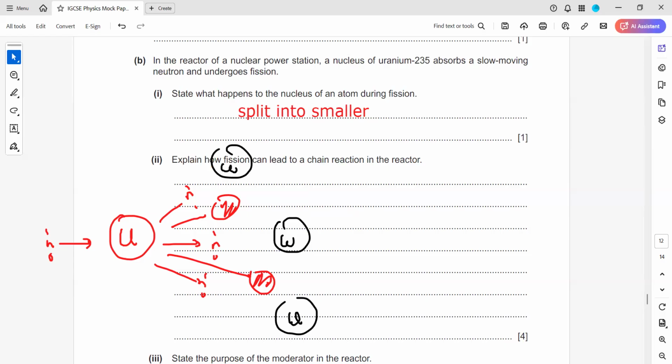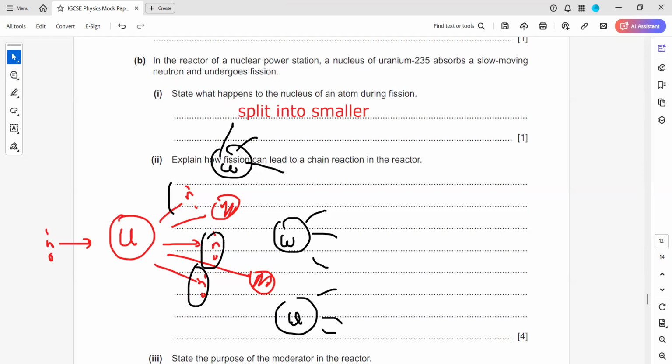So one uranium absorbs one neutron, which gives 3. Each of those 3 neutrons is absorbed by another uranium and produces 3 more neutrons. So you structure the answer by mentioning that a uranium absorbs a neutron and splits, and gives out, like, uranium absorbed 1 but gives out 3.